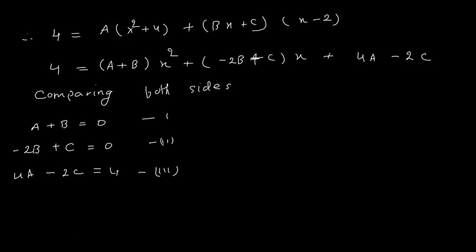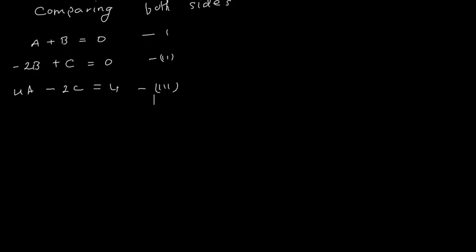From equation 1 I can say that b equals minus a. So either I will find the value of a or b from 1. From 1, a is equal to minus b. Therefore minus 2b will become 2a.